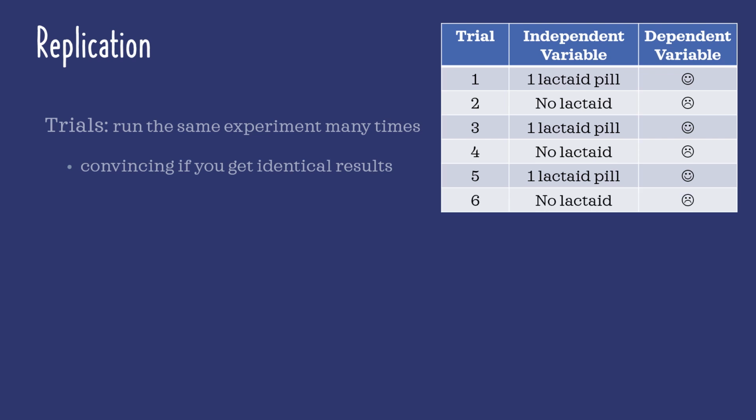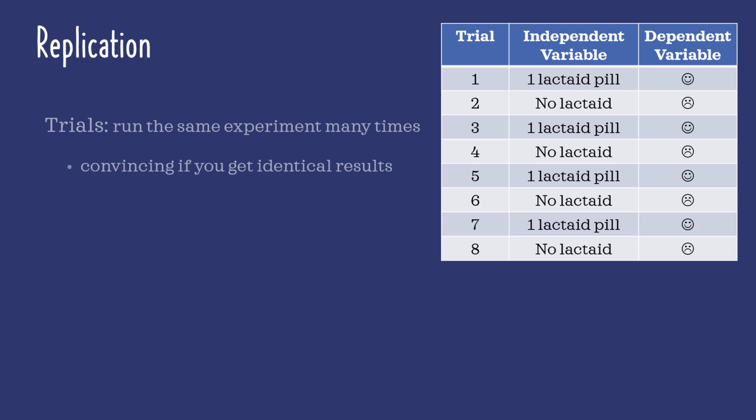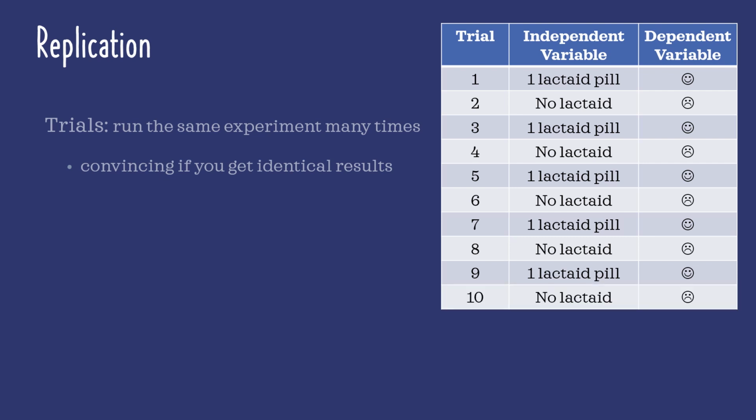And the outcome, or the dependent variable, is whether or not I then experienced symptoms related to my lactose intolerance. After all these trials, I am pretty convinced that taking Lactaid matters, and I'm willing to spend money on them in order to enjoy dairy products.